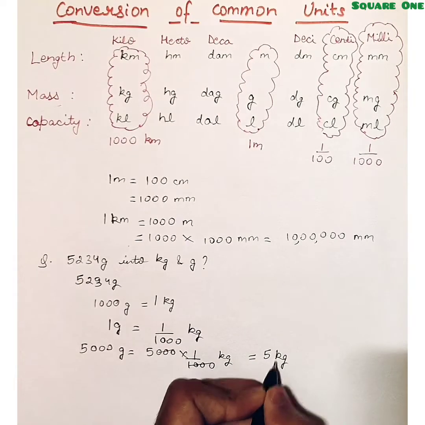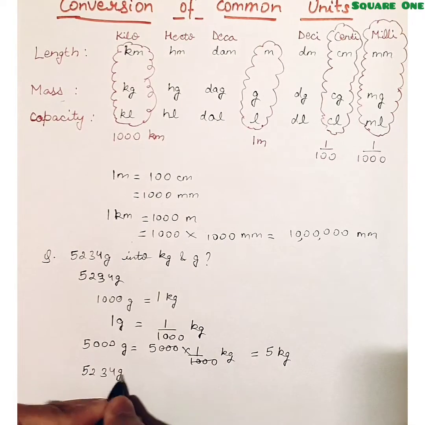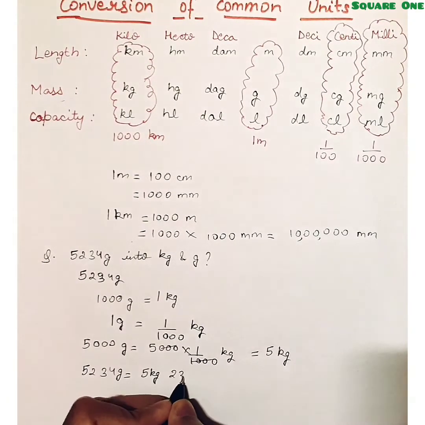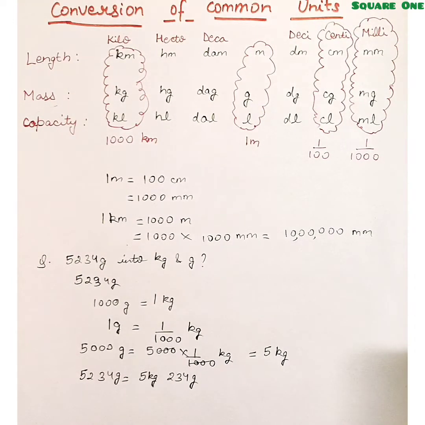So we can say that 5234 gram is equal to 5 kilograms and 234 gram. I have separated this 234 from 5234. We have studied it in previous classes, so this topic was only for recalling.